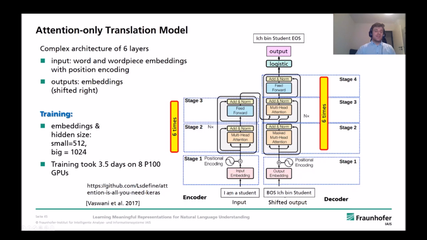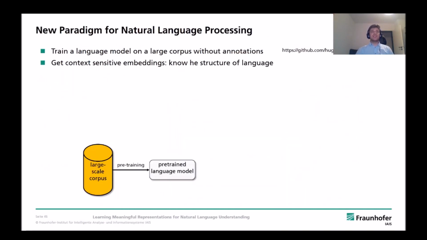Well, instead of processing sequences from one language into another, we could of course use these transformer architectures also as language models. And the state-of-the-art architectures nowadays are all based on language models. So we have this new paradigm for natural language processing and understanding in which we train a language model on a large corpus of texts without annotations, so self-supervised training.